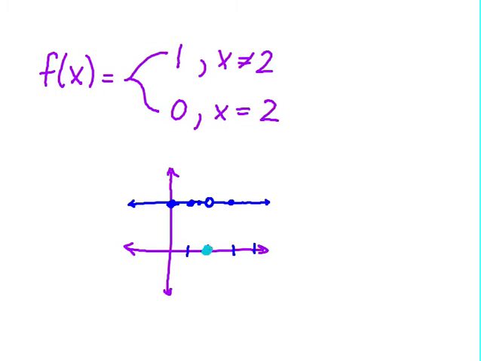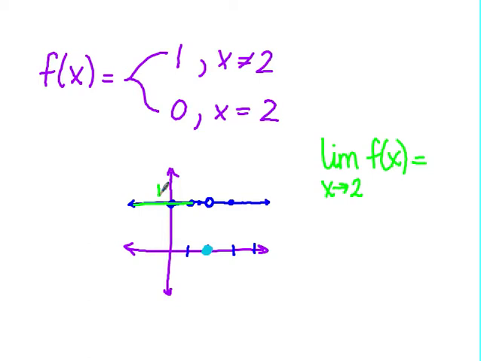Now what if I wanted to know the limit in this problem as x approaches 2? Remember again, what do I look at? The left and the right. If I travel along the graph from the left, what y value does it look like I'm going to approach? 1, because that's what I'm on right now.